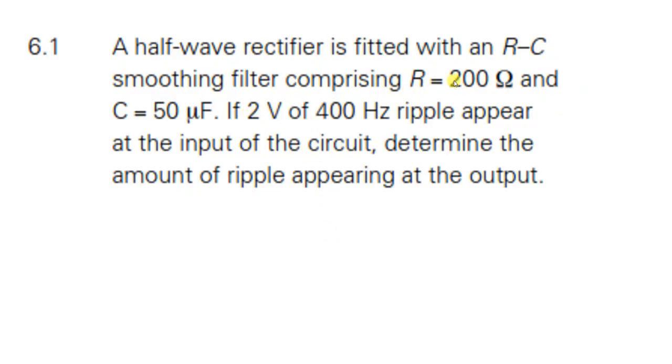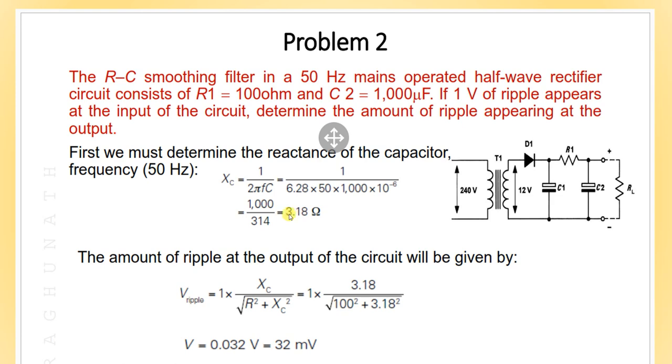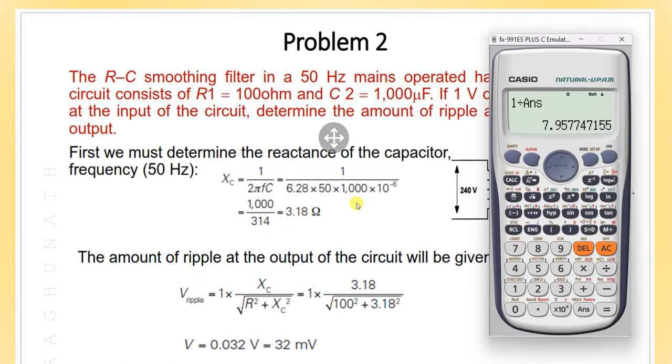So 2 into 7.95 divided by root of 200 square plus 7.95 square. You have to write the bracket, because if 2 plus terms come in between, you have to take them all.